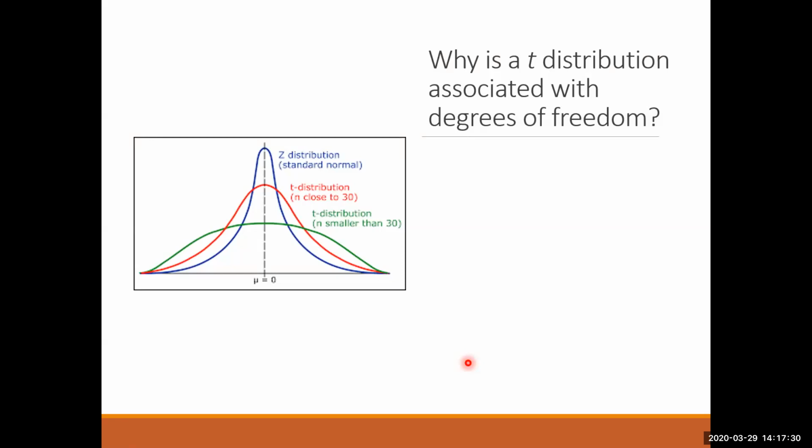So when we have a sample with an n of 5 or an n of 10 or n of 100, that's fixed, right? That's not something that continues into infinity like the population. The sample is not infinite.